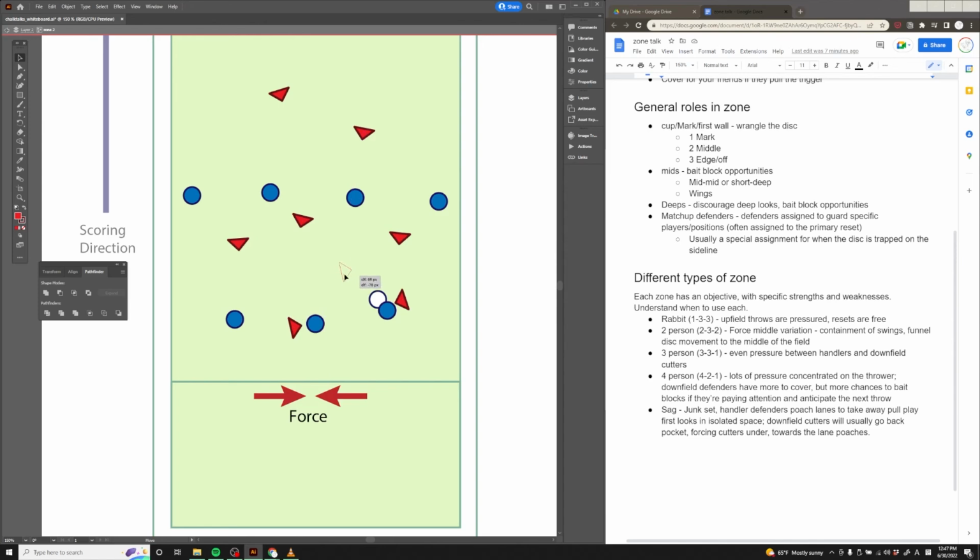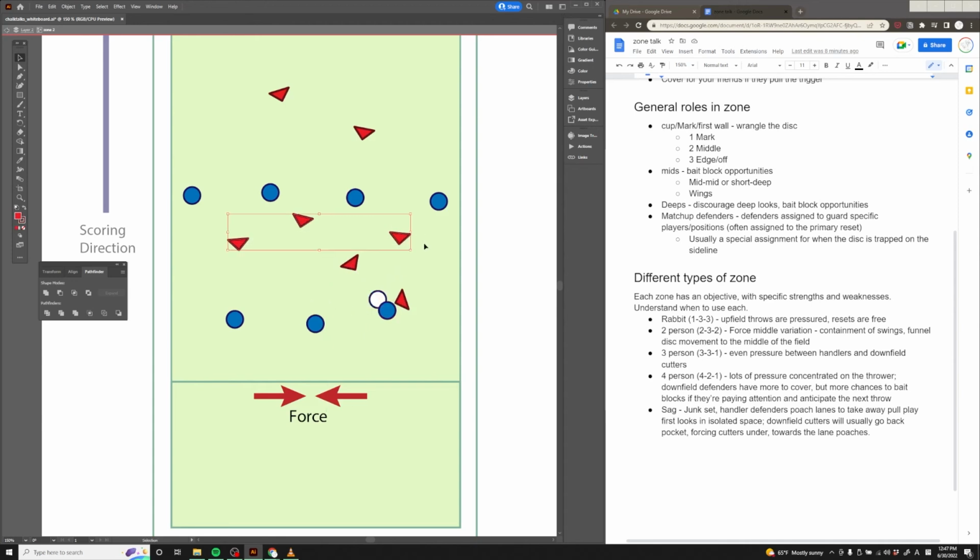This defender who is on mark is going to get in the lane to poach, and they'll be in communication with their nearby defenders in the first wall on whether they need to shade left or shade right, depending on what else is covered. But they will get upfield and poach in the lane and make the disc go back to the middle.